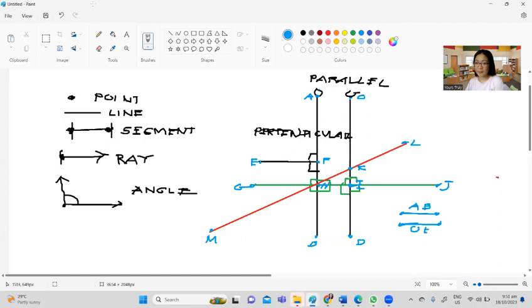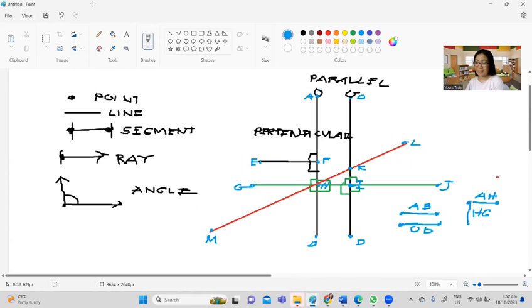OT. And then we say line segment AH is perpendicular to line segment, what? HG.